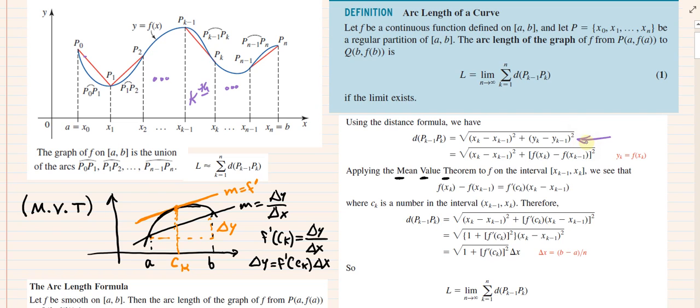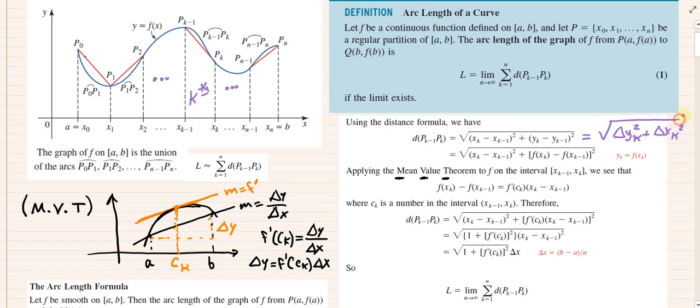Remember, it's y2 minus y1 squared plus x2 minus x1 squared, the distance formula. And then following that, we simply replace y with f, the function notation for y, in both of these. Now, another way we could have started this was to indicate the distance between those two as delta y sub k squared plus delta x sub k squared, right?